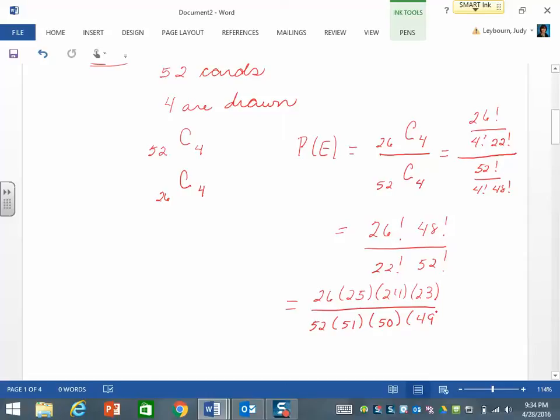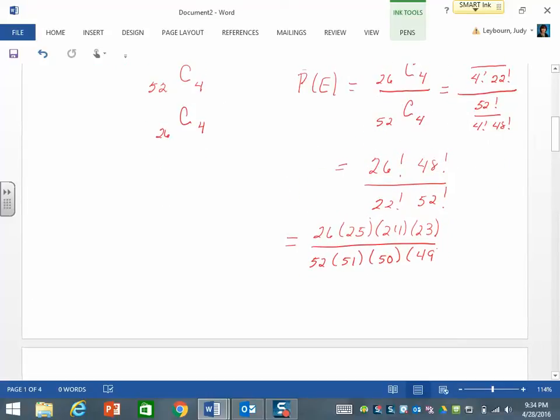And then if we simplify, we would have 46 over 833.